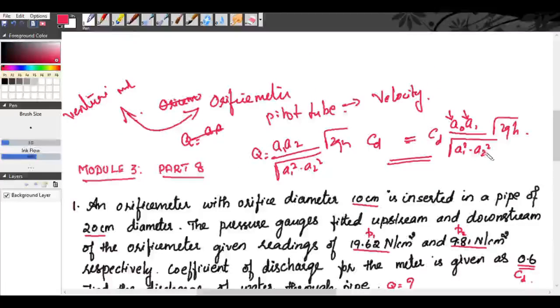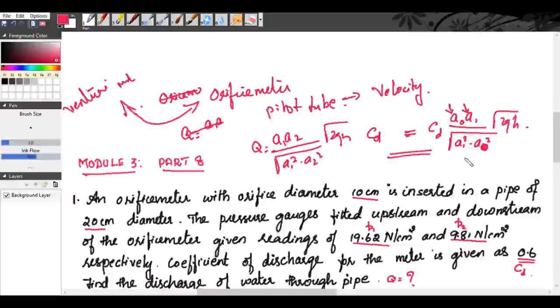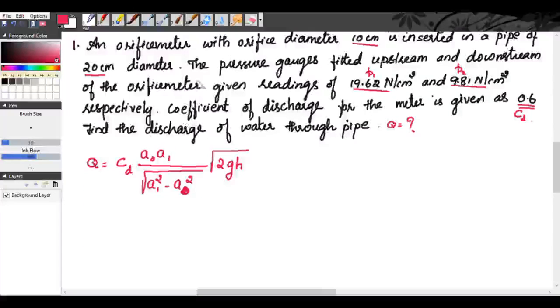Now, what is H? H is the difference in pressure head. Since here the center line is the same for Z1 and Z2, H is just the difference between the pressure heads.